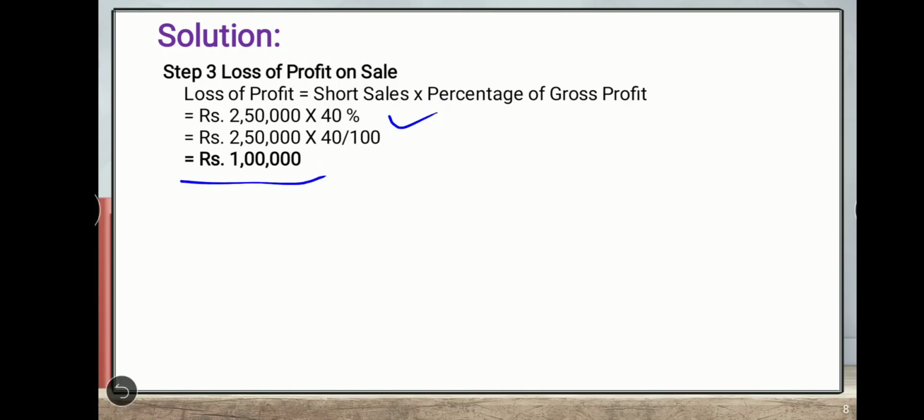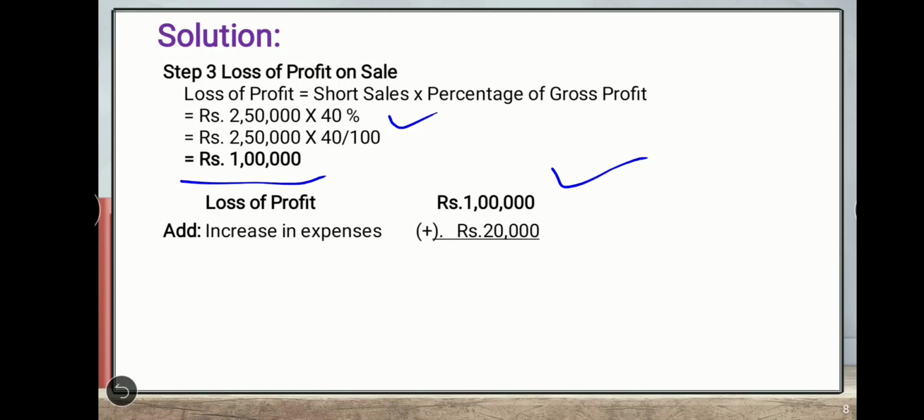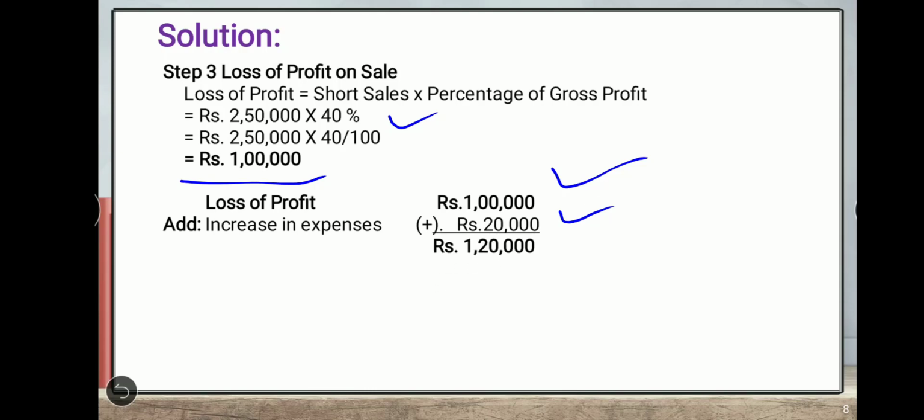Now, we have to check the adjustment for a loss of profit. So the amount of loss of profit is 1 lakh, but there are increased in expenses. So we have to add this increase in expenses, which is 20,000. So it will be 1,20,000.